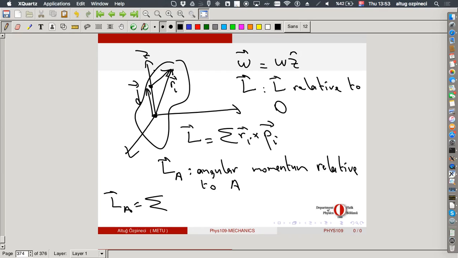Now I need this Ri prime, the position of my object relative to my new reference point. But I know that here I have these three vectors. I know from vector addition that Ri prime plus D is nothing but Ri.